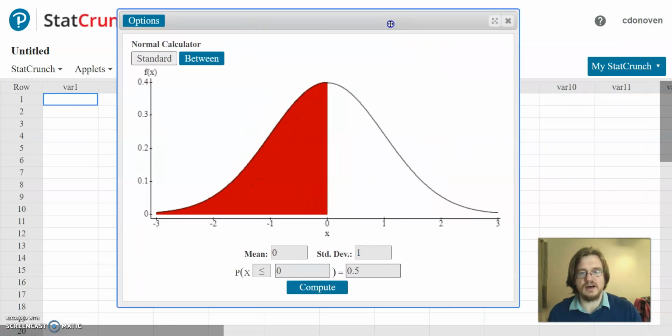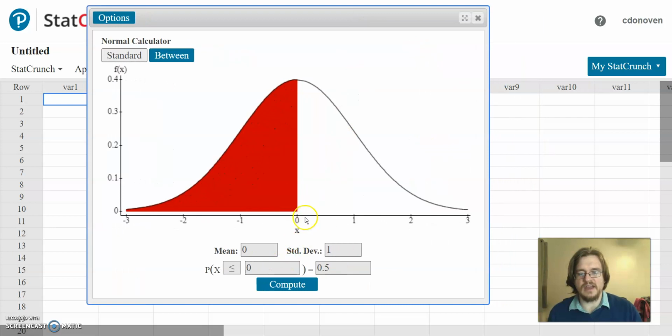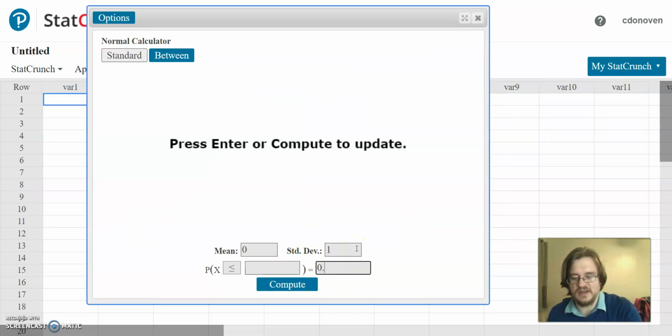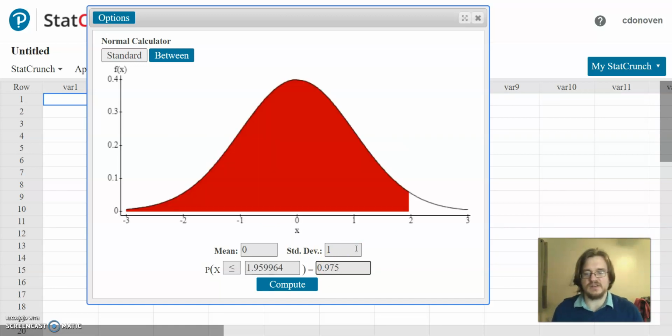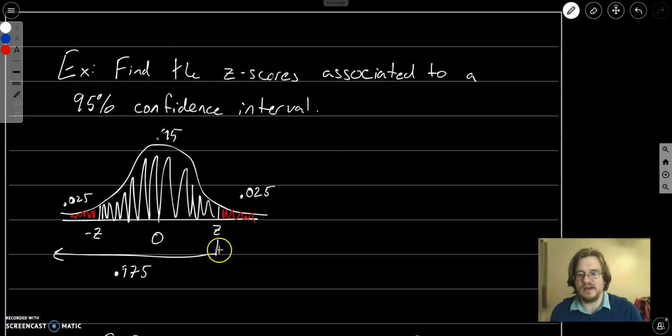I want to find the area to the left of the number. That gives me an area of 0.975. So that's going to be 1.96, if we round. So if we come back over here, z should equal 1.96.